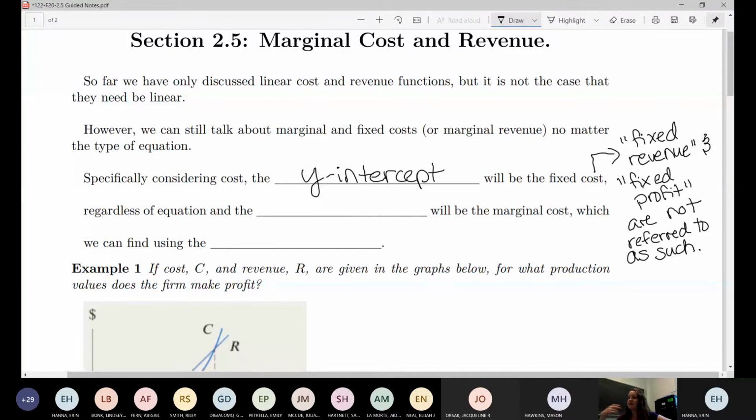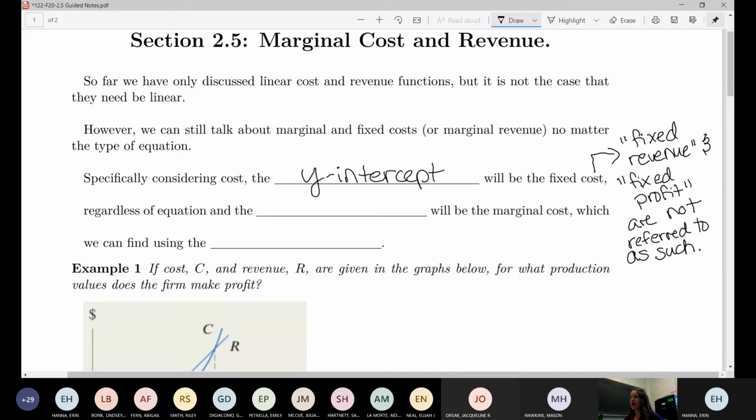If you were to say the fixed revenue, the fixed profit, someone would probably look at you super weird because the verbiage is not used for revenue and profit. Does it exist? Technically, because those functions will have a y-intercept. So their y-intercept is still essentially telling us the revenue or the profit of not selling any items. Even though they don't make anything, what's their revenue, what's their profit, which their revenue is probably 0 and their profit is probably negative. But we don't really use the words fixed revenue and fixed profit. It's mainly just used for cost.